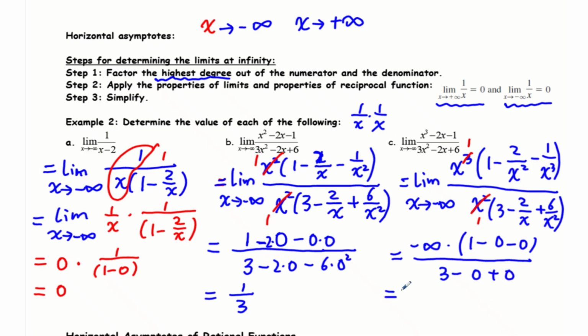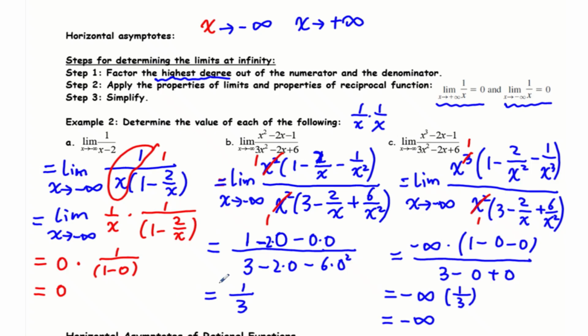So we have negative infinity times 1 over 3. One third times negative infinity is just negative infinity. So the limit is negative infinity.